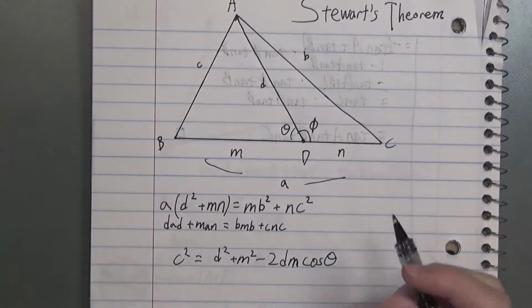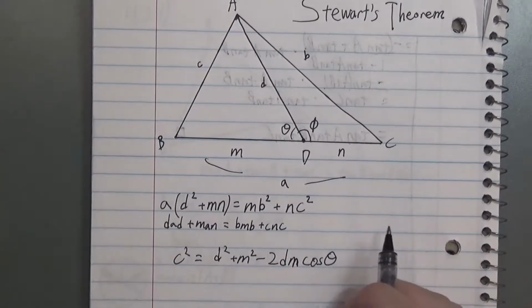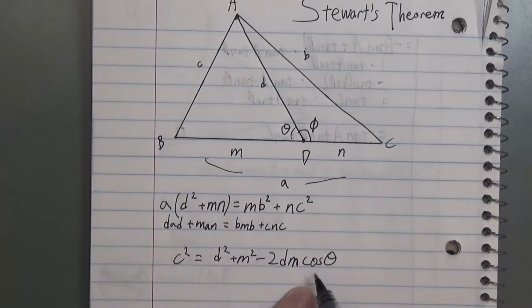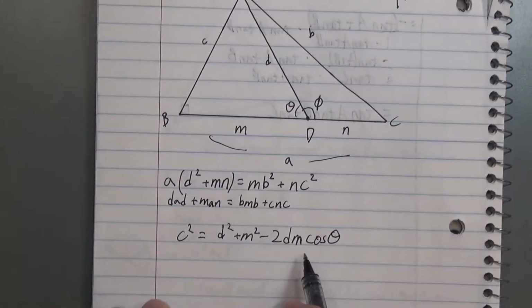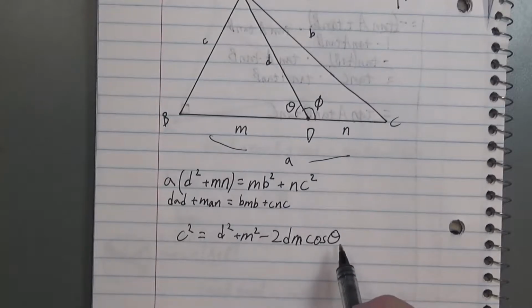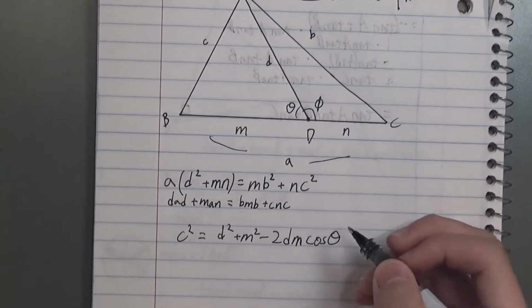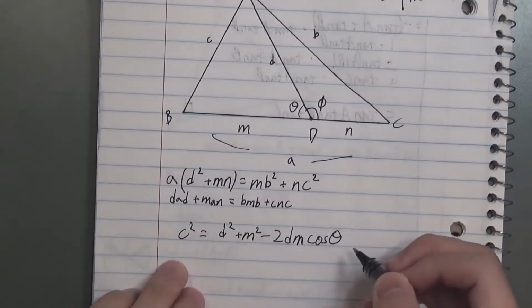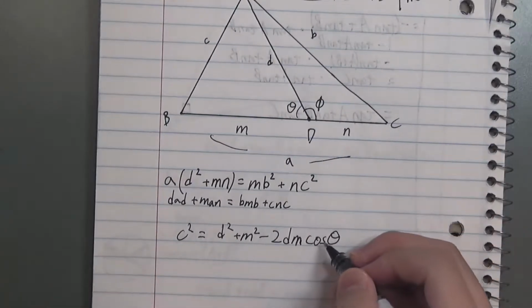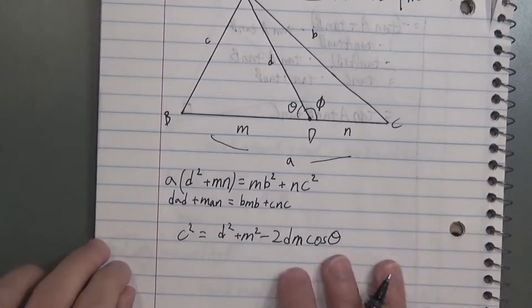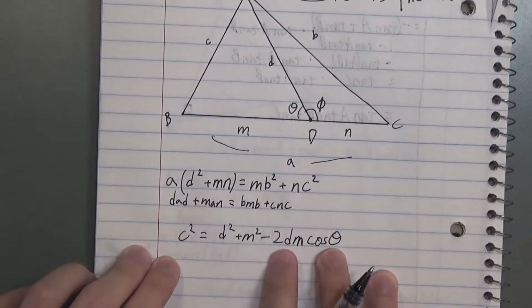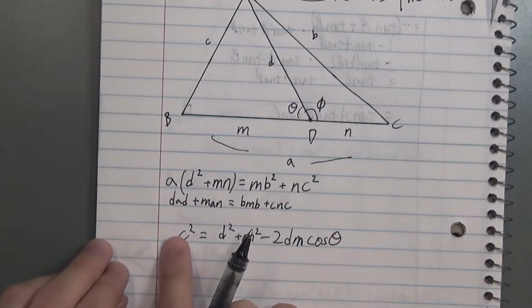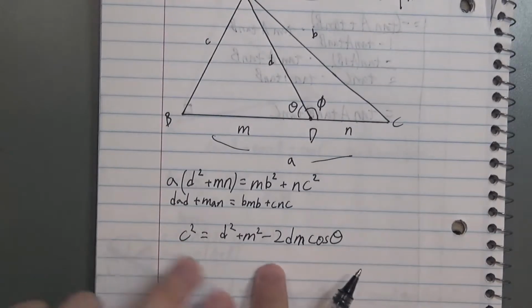Now what? Well, what if we want to get the cosine of theta completely by itself, isolated on one side? You can just move the c squared to the other side, divide both sides by 2dm.